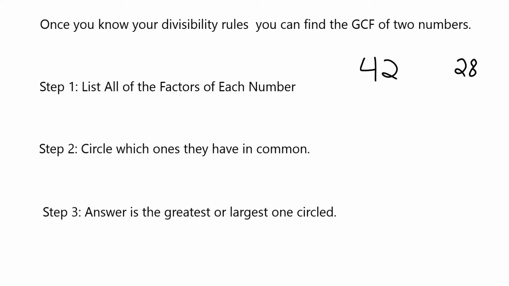Now that you know your divisibility rules, you're ready to find the GCF of two numbers. The first thing you need to do is to list out all of the different factors of each number. Pause the video and see if you can go through your divisibility rules and list every single number that is a factor of 42 and every single number that would be a factor of 28.